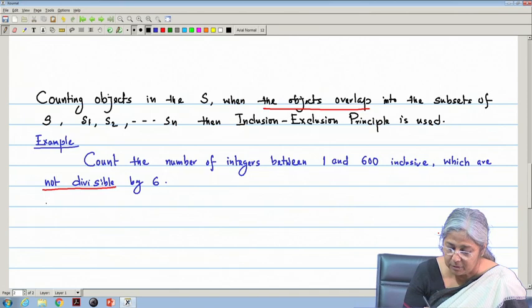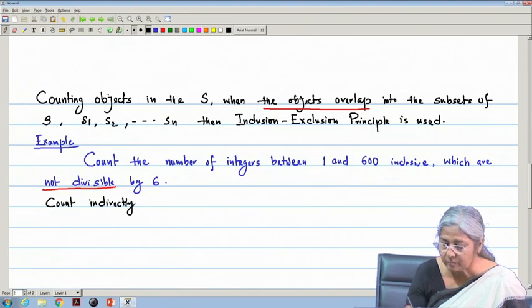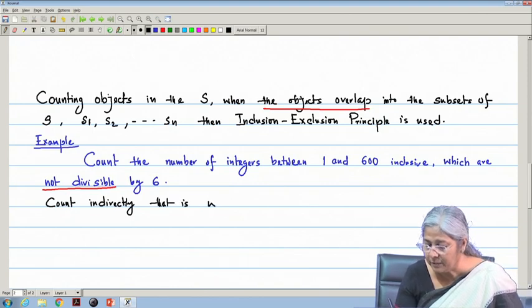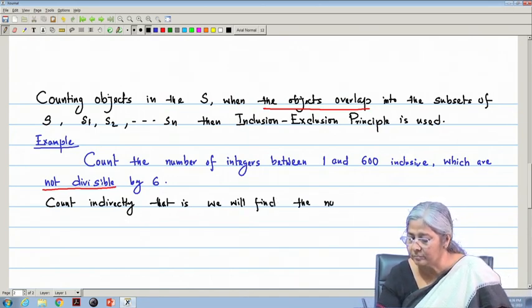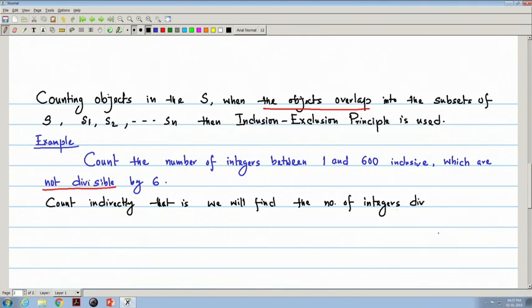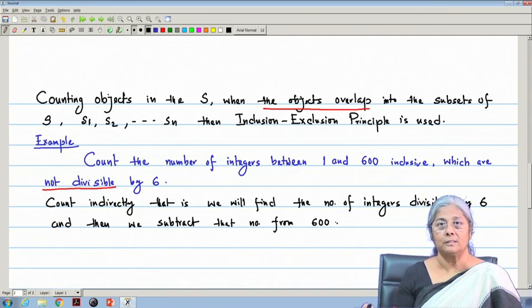We count indirectly, that is, we will find the number of integers divisible by 6 and then we subtract that number from 600, since from 1 to 600 there are 600 integers.